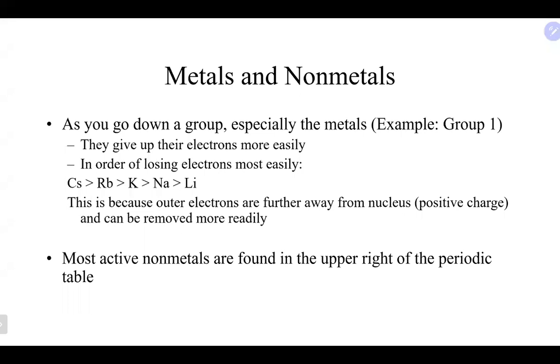This is because they are further away from the nucleus and not held as tightly. I believe that is what we saw in that video we were looking at, right? Lithium reacted, then sodium reacted more, then potassium reacted a lot more. So as you go down the group, there's a lot more reactivity occurring, because they're easily giving away their electrons, which initiates a reaction. Most active nonmetals are found on the upper right of the periodic table.